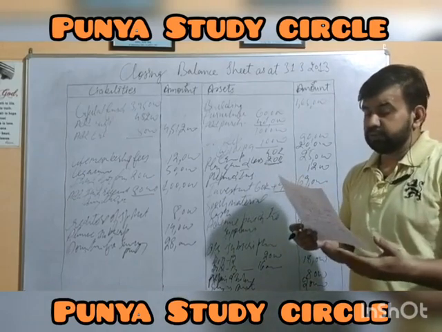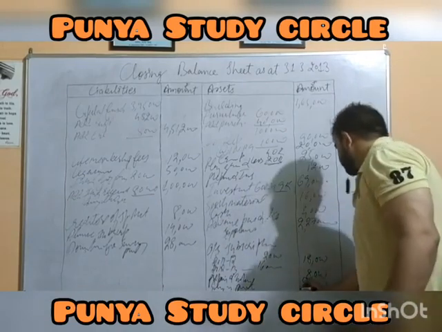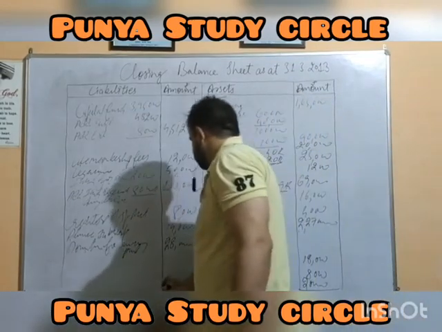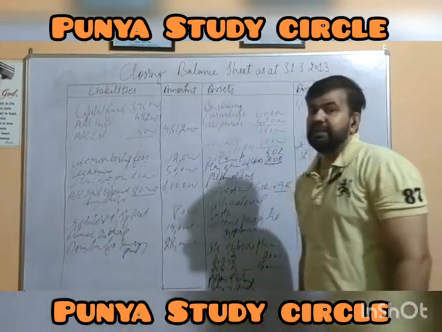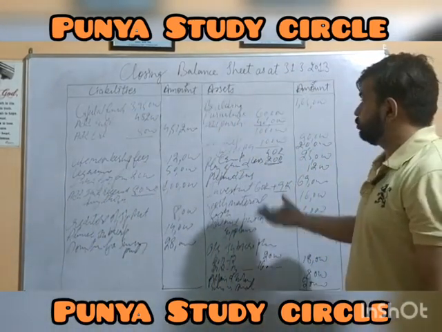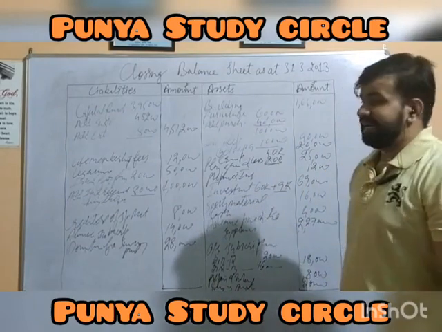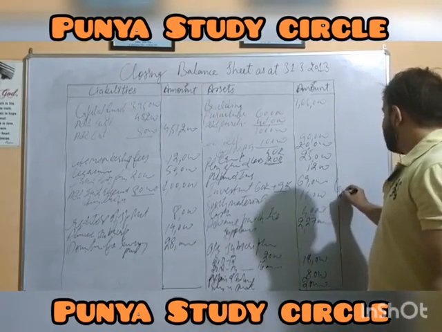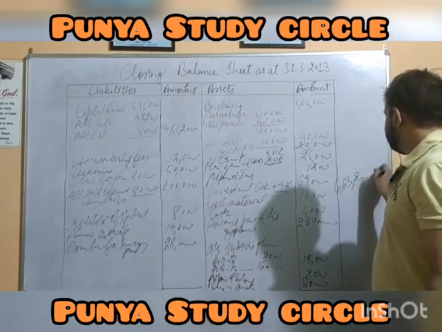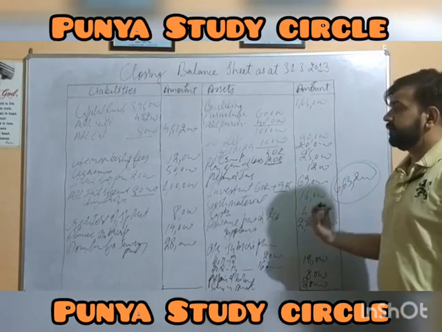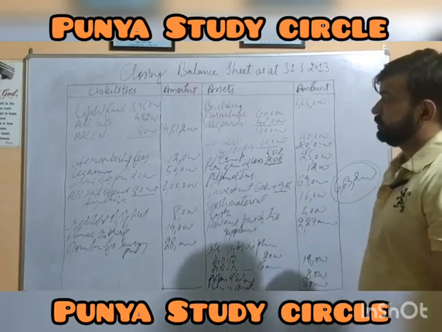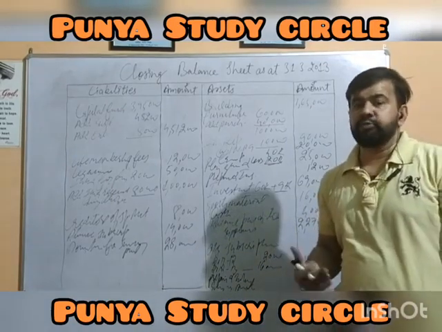Then here we are to assure whether our both side tallies or not. This I'm leaving for you that you will try to check our efficiency whether we are right or wrong. The total of assets and liability side would be 6,63,200. If we find both these total equal or tallying, then our numerical and approach both are correct.